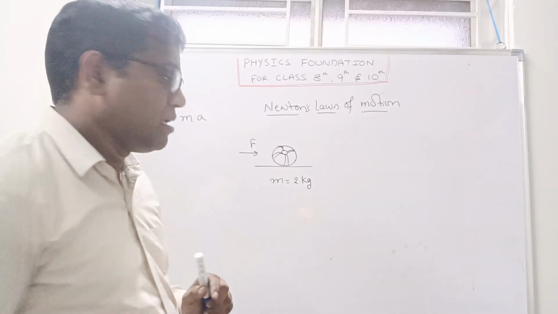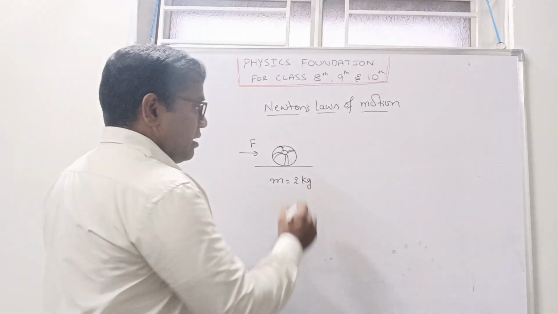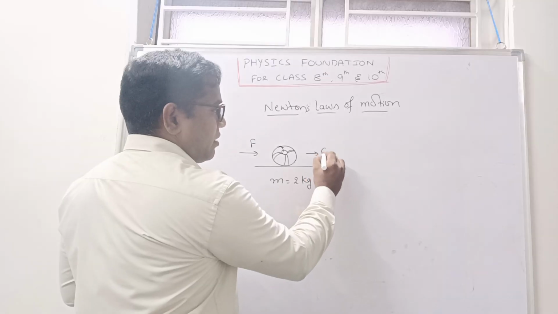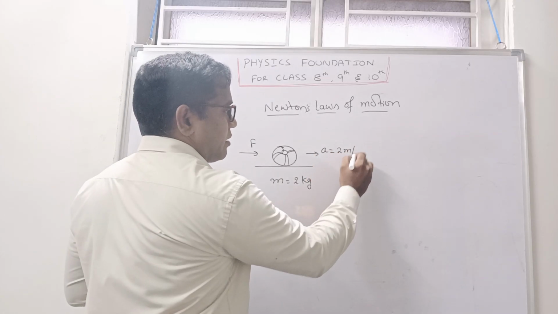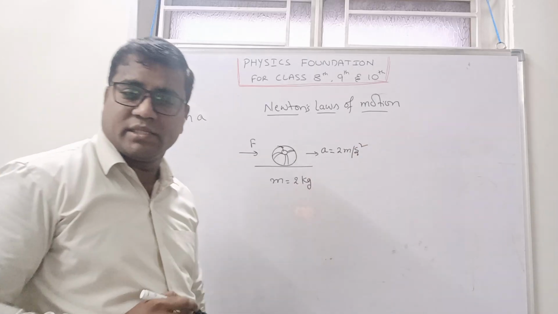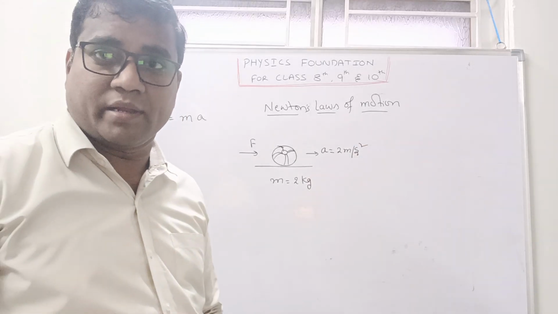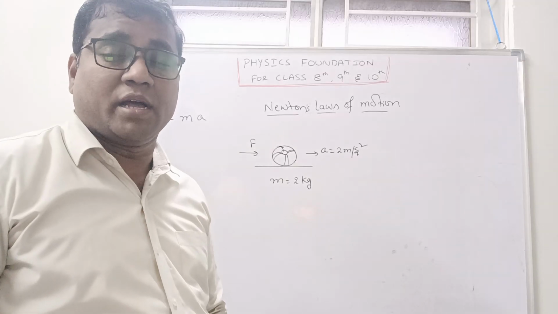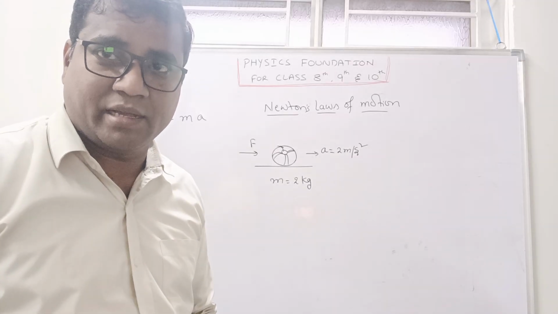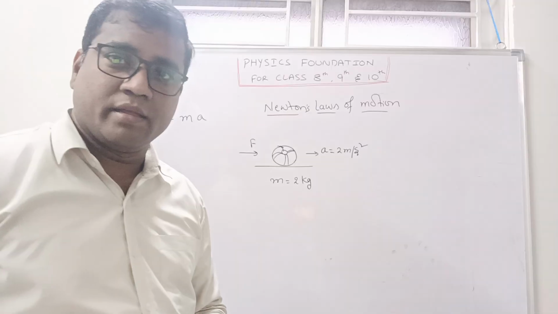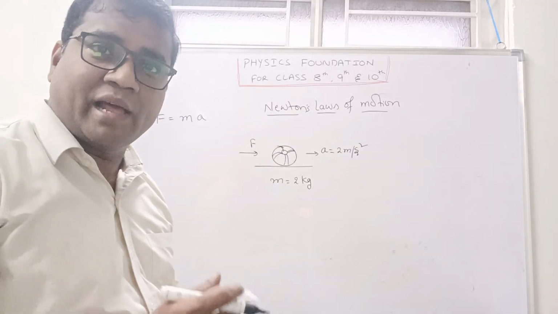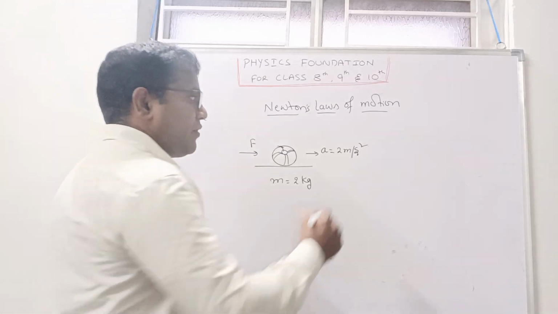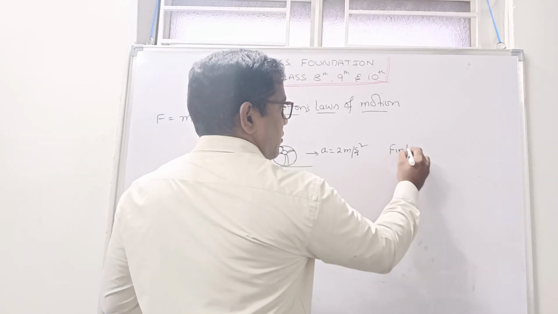And we observe that it is moving with an acceleration of A is equal to 2 meter per second square. Acceleration is already given. Force is not given. So he will ask, find force.